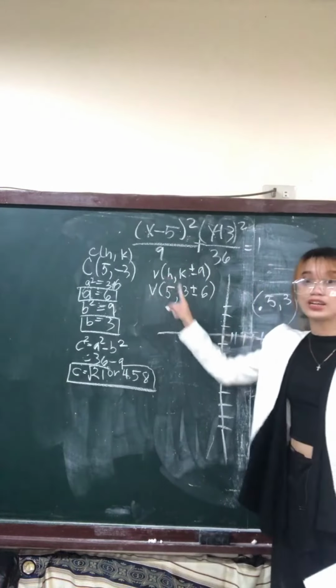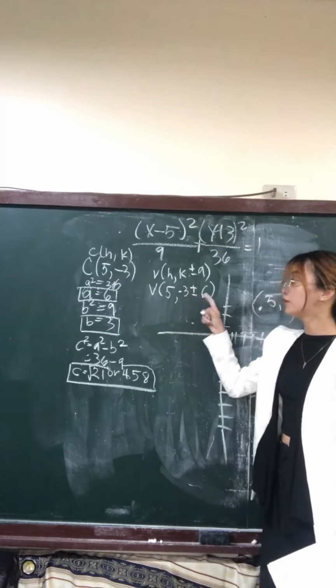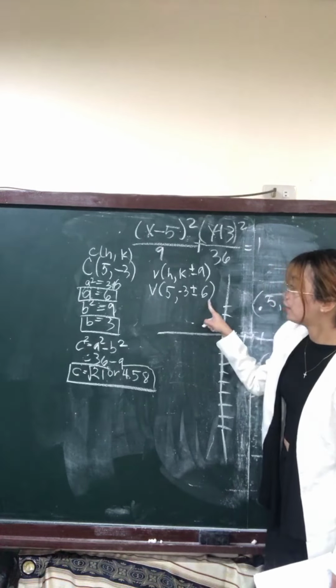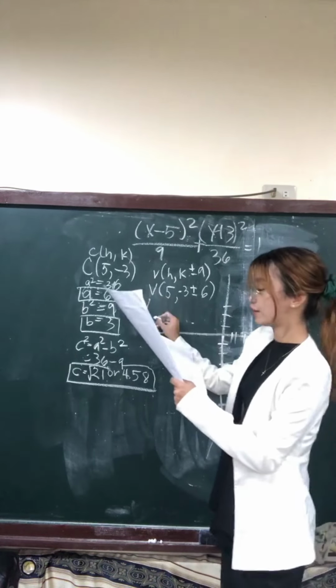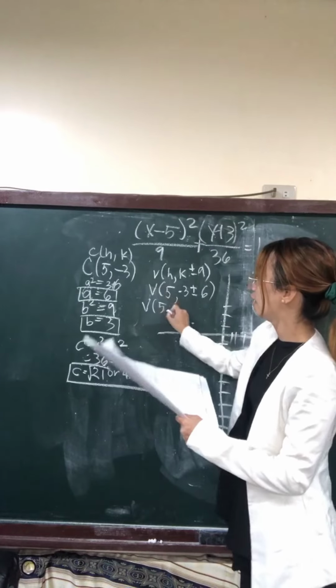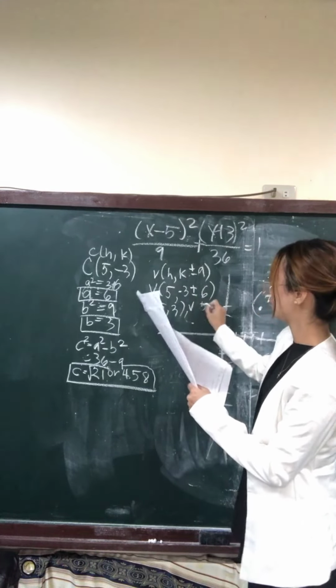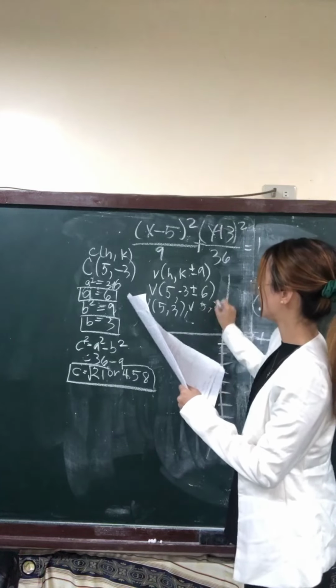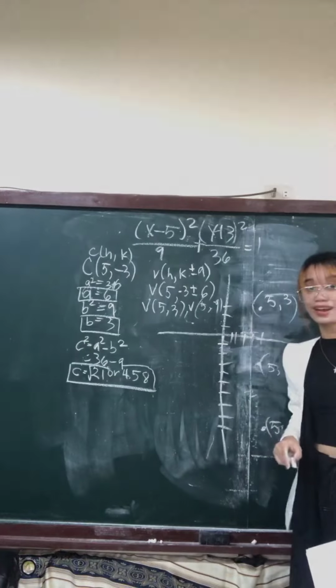Since our h value is 5 and our k value is negative 3, positive and minus 6, which is the a value, we can now have the major vertices of 5, positive 3 and 5, negative 9. So our major vertices are correct.